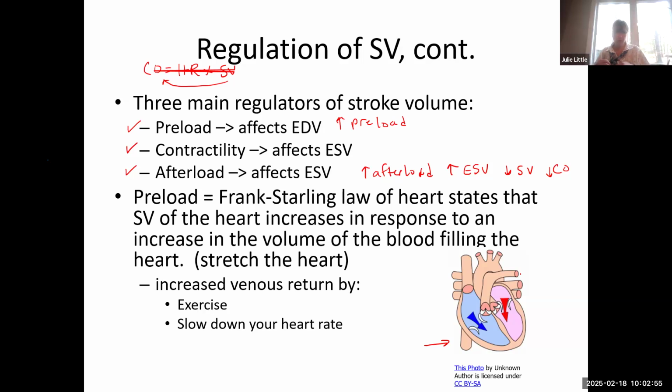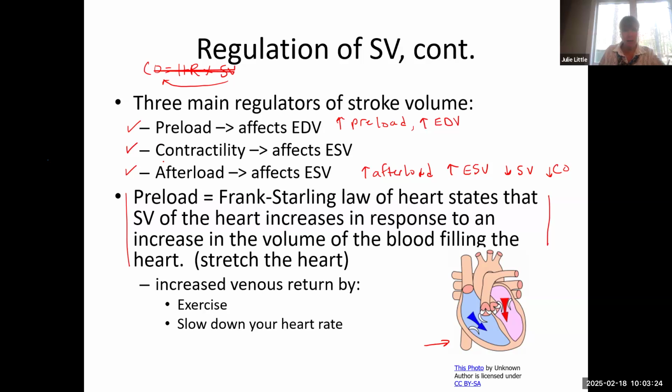The more blood that returns to them, the higher the preload. It's going to affect your end diastolic volume. If you increase preload, venous return, you increase end diastolic volume. If you increase end diastolic volume, what is that going to do to stroke volume? Well, it depends. It's really going to increase it, but I'll show you why down here. It helps with stroke volume.